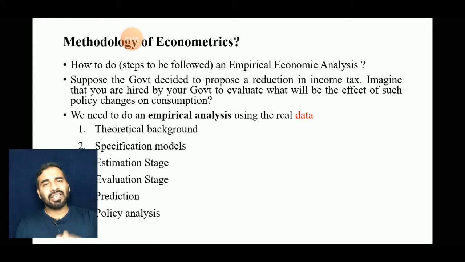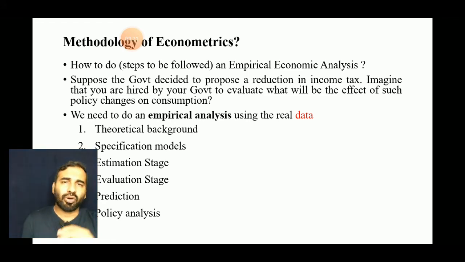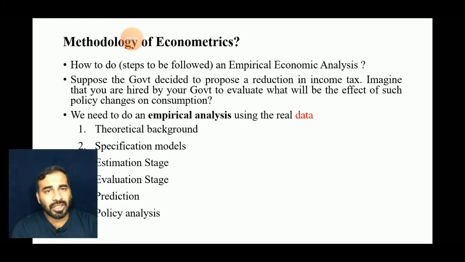Second, specification of the mathematical model. Third is the estimation stage. Fourth is the evaluation stage, and fifth and sixth are prediction and policy analysis. All these 6 steps we will discuss in detail in this video.